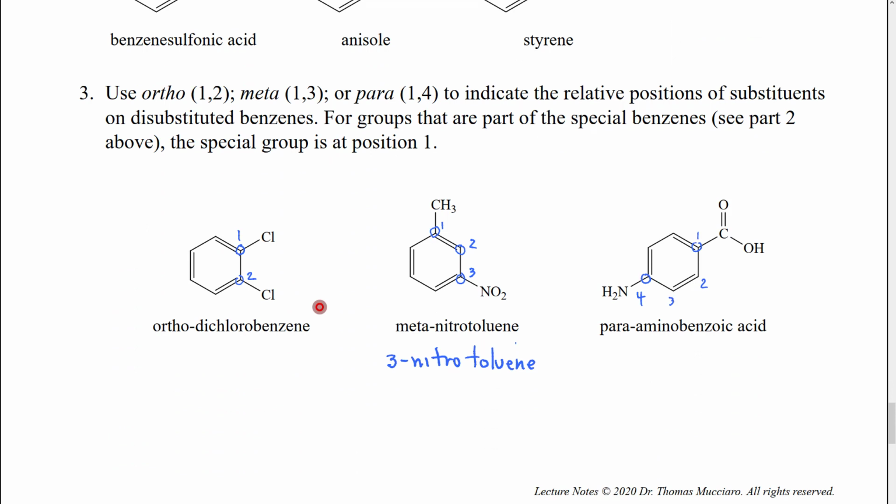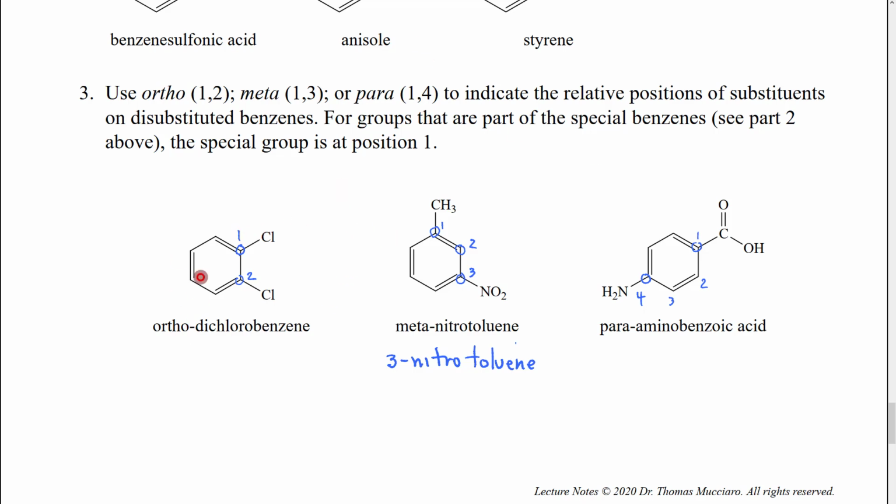When we have exactly two substituents, there's a special naming to indicate the relative location, the relative numbers of those substituents on the benzene ring. We sort of saw this already when we looked at the regiochemistry of the Diels-Alder reaction.